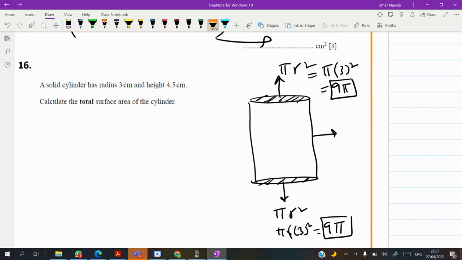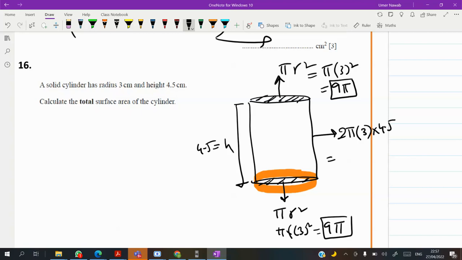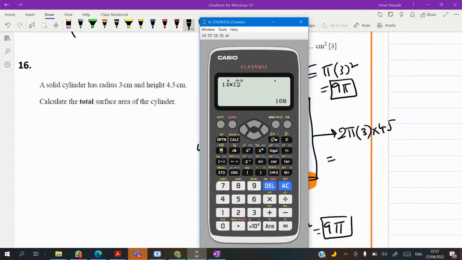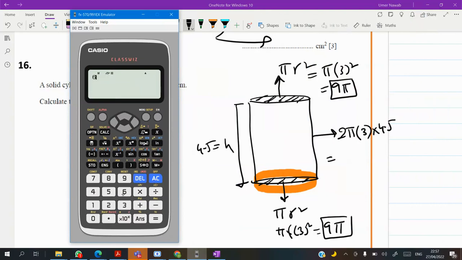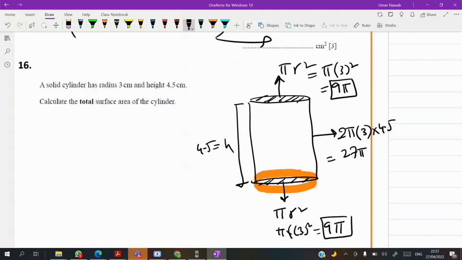The curved part is, you remember, we have to take the circumference, which is 2 pi r. Radius is 3. So 2 pi r times the height, which is 4.5. So 6 times 4.5 gives us 27 pi.